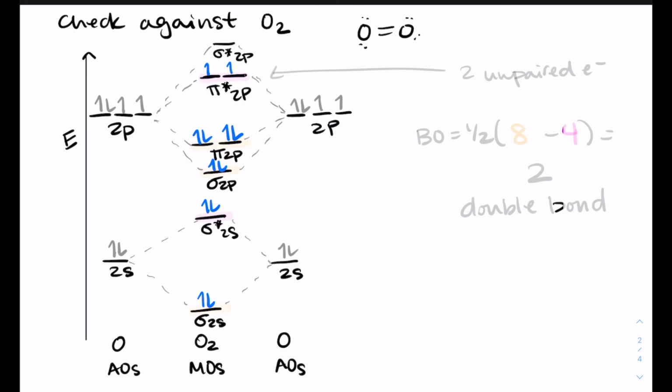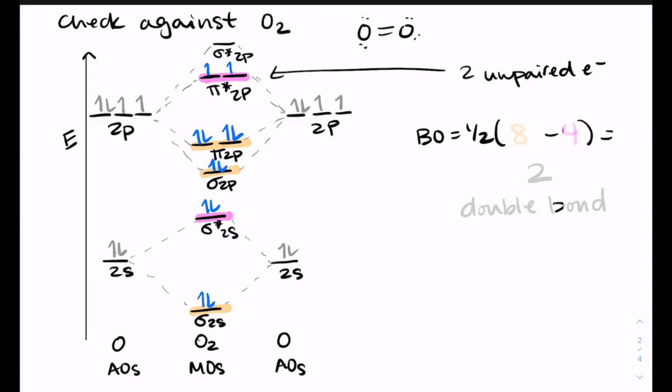We can do a bond order and compare it to the Lewis structure. So we've had the O2 Lewis structure up here before. For my bond order, sigma 2s, sigma 2p, pi 2p are the bonding MOs, highlighted in orange. Sigma star 2s and pi star 2p are my antibonding, highlighted in pink.